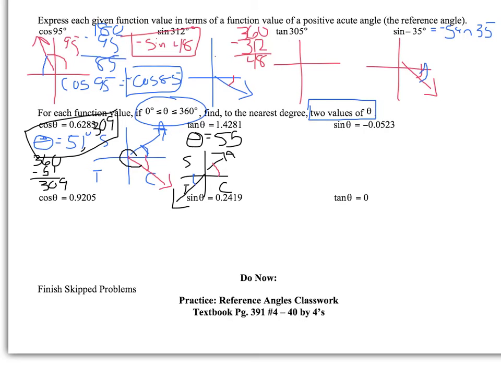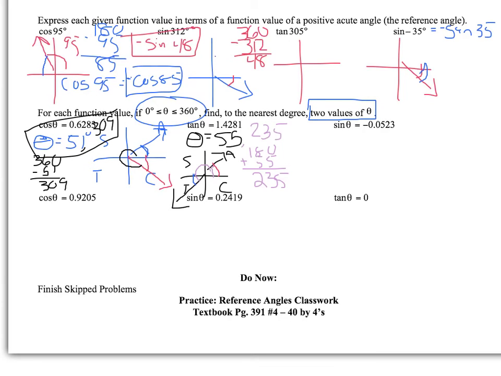The angle I really want to find is this. Let me see if I can do a different color. Okay, is this purple, if it works. Purple angle right there. That purple angle is going to equal 180 degrees plus the blue. So 180 plus 55 is 235. So my other angle is 235.